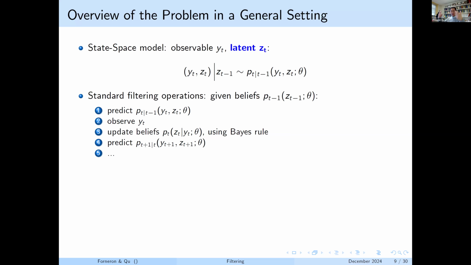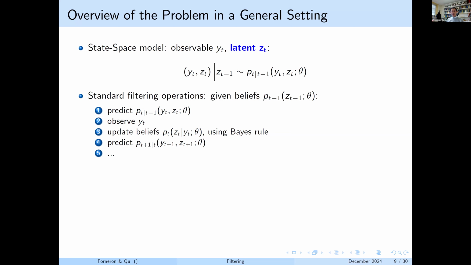After that, an observation arrives, and the model updates the belief, taking into account this new observation using Bayesian updating. Then it gets into another round of prediction, observation, updating, and the process continues.